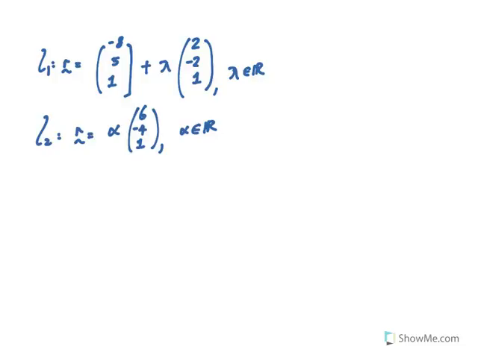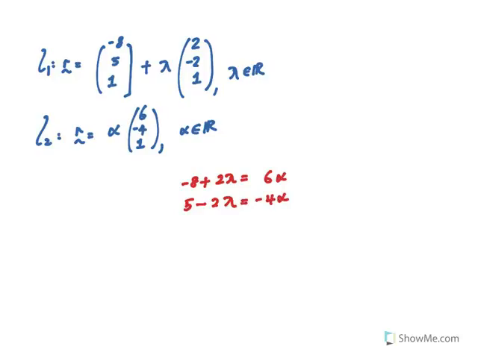Equating the x components from both line 1 and line 2, we are saying that, supposing they intersect, negative 8 plus 2 lambda equals 6 alpha. If we equate the y components, 5 minus 2 lambda equals negative 4 alpha.